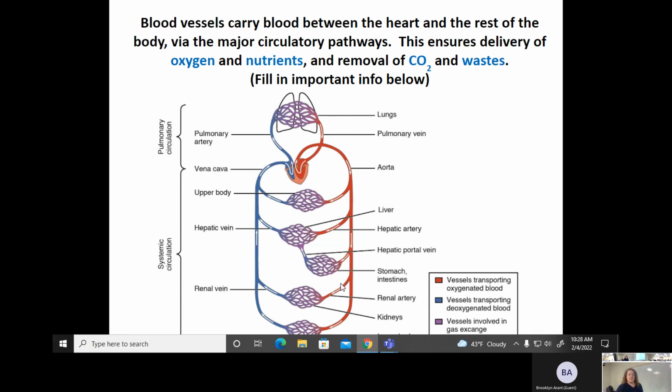I would like for you to write the word unfiltered here on top of renal artery. So we've got blood coming into the kidneys unfiltered, and then it's going to pass through capillary networks in the kidneys. And by the time the blood leaves the kidneys and comes out the renal vein, it has been filtered.